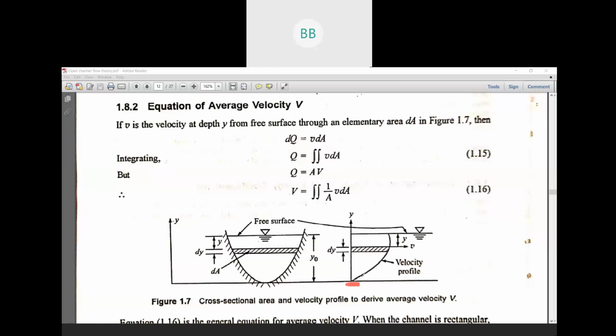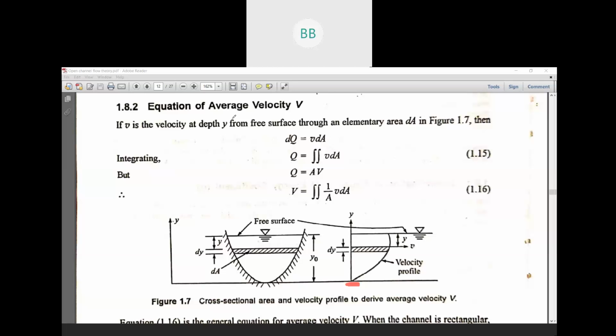Then when we move upwards towards the free surface it increases, and because of the interaction between the air and the water, we have a decrease of velocity at the surface. This is the small elementary area we are talking about, and dy is the depth of flow for that particular area, and this elementary area is y distance from the free surface.